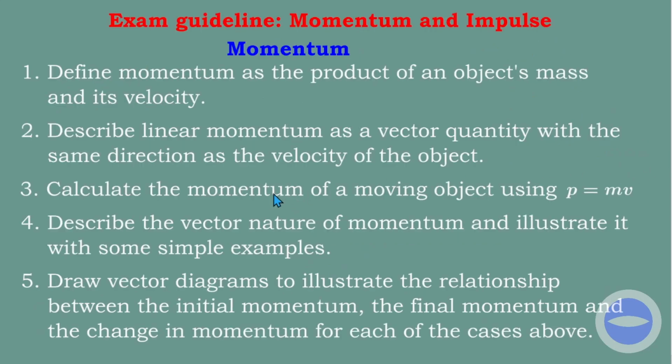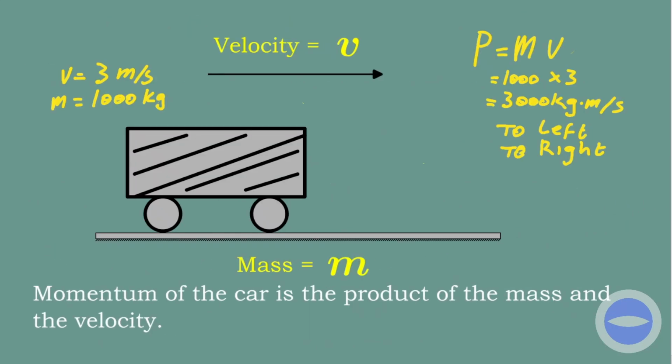And then now we are going to number 4. Number 4, they say describe the vector nature of the momentum and illustrate it with some simple example. So let's say this car is traveling to the right at 3 meters per second, and the mass of this car is 1000 kg.